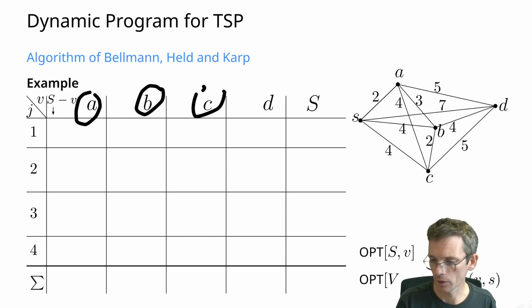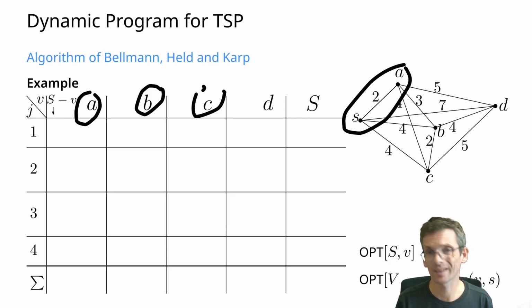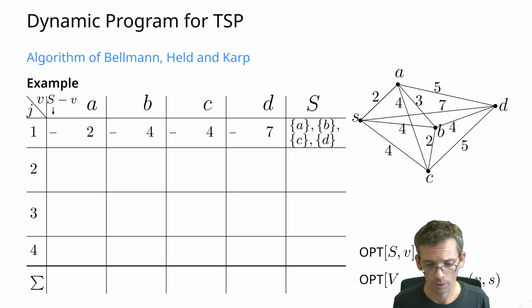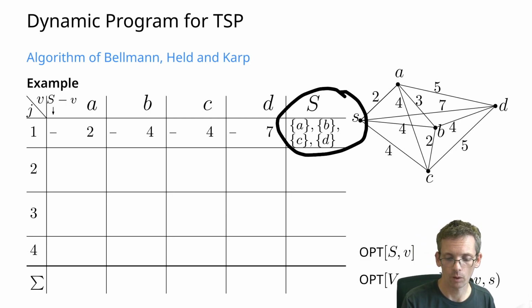So for A, I just have to look at the edge length from S to A and you get a 2 there, same for B and so on. So the first row is easy to fill, and now we have solved the problem for all one-element subsets in combination with the vertices.